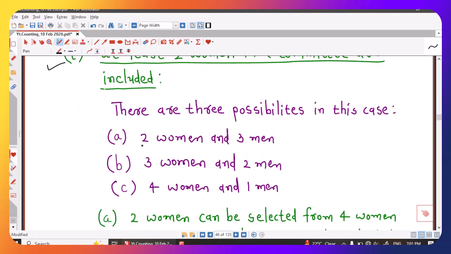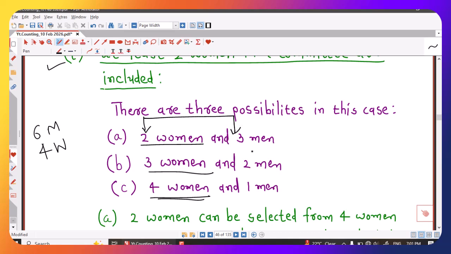The number of women can be 2, they can be 3, or they can be 4, because there are a total of 4 women and there are a total of 6 men. And we want to form a committee of 5 persons. So if I am considering 2 women, I must consider 3 men. Similarly, if I take 3 women, then there must be 2 men, and with 4 women, 1 man.